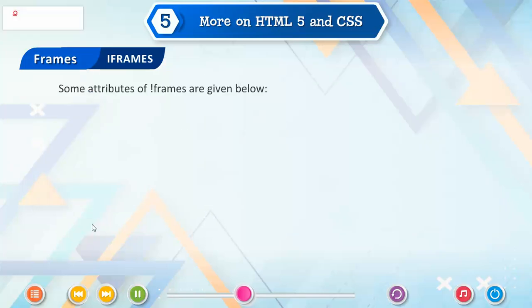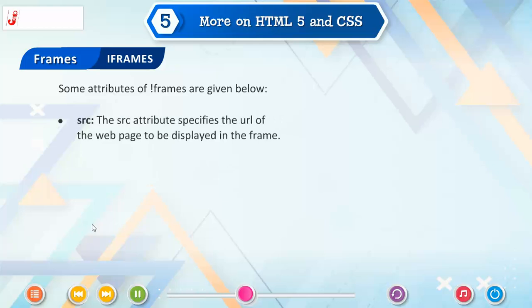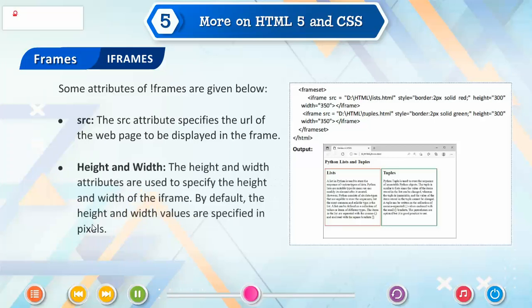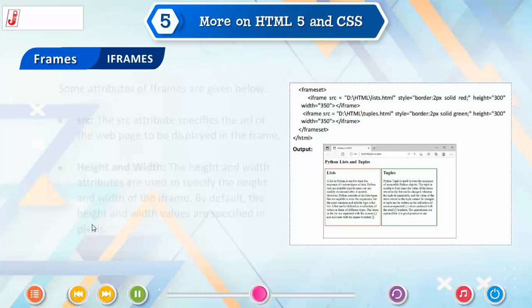Some attributes of iframes are given below. src: the src attribute specifies the URL of the web page to be displayed in the frame. Height and width: these attributes are used to specify the height and width of the iframe. By default, the height and width values are specified in pixels.